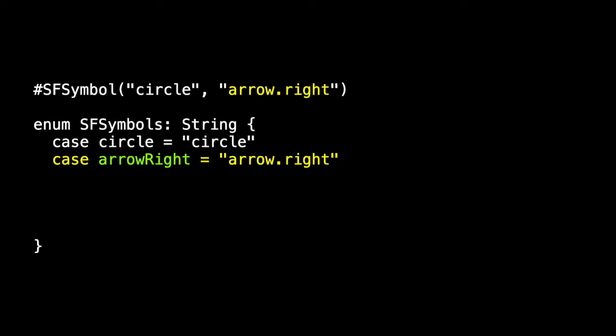Notice that the actual case is camel cased without the dot: arrow uppercase R right. Also note this convenience computed property, which allows me to ask for the name and get back the raw value.